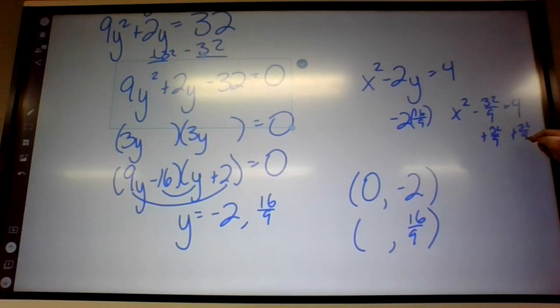Kind of hard without a calculator, but this would be 4 over 1 times 9 would be 36 over, whoops, that's a 9, my bad. 4 over 1 times 9 is 36 over 9. Plus that is 68 over 9. Oh gosh, it's a mess.